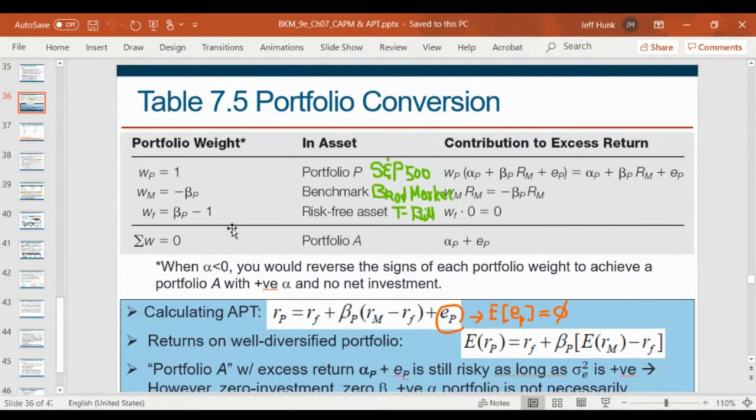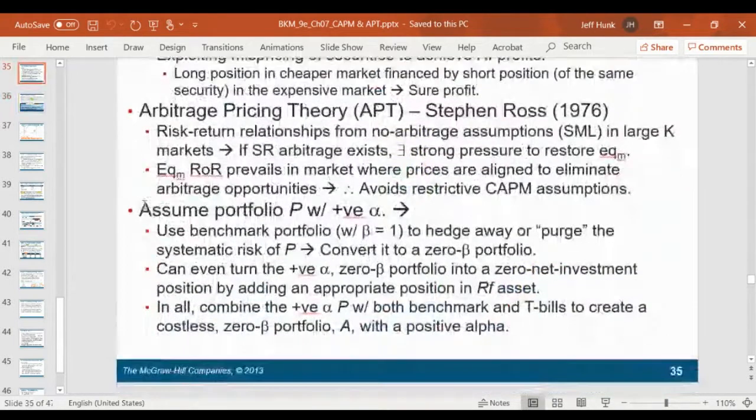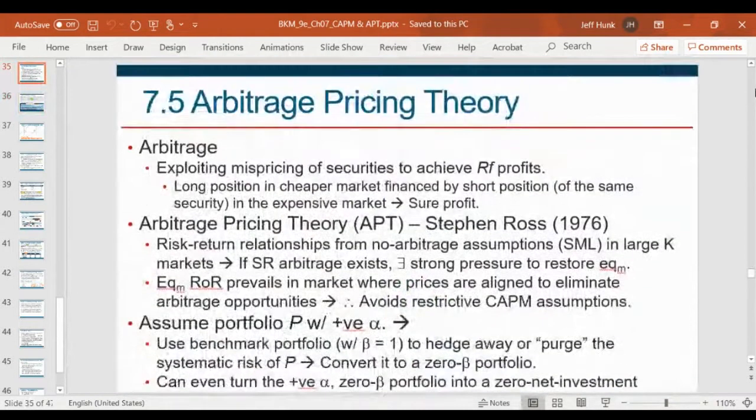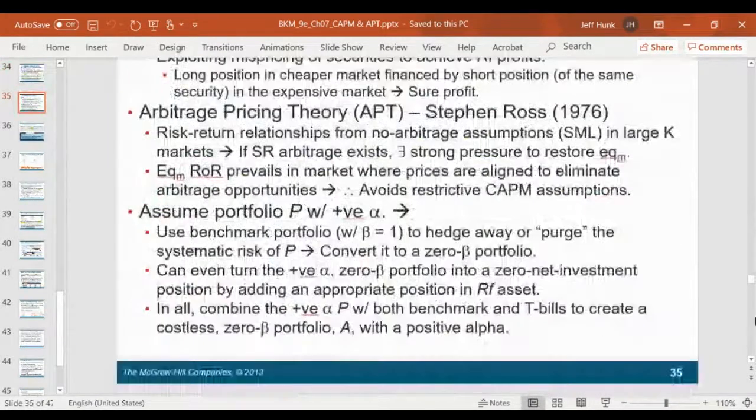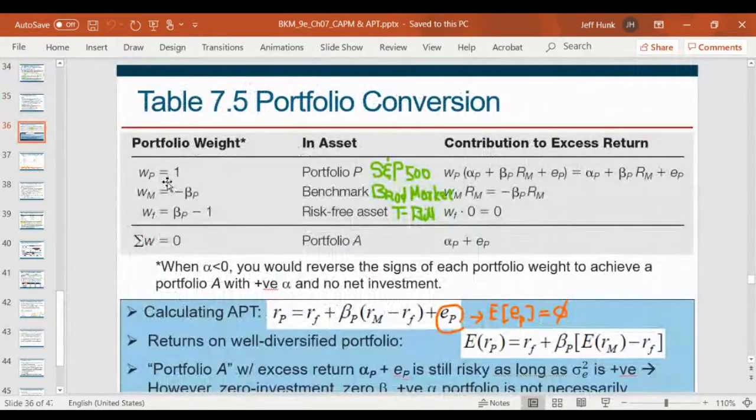So our idea was basically like this: portfolio weights.